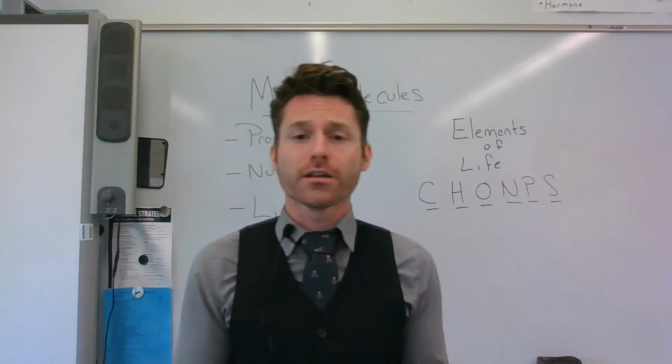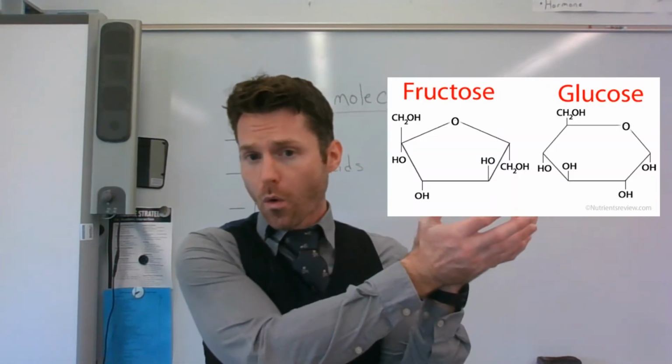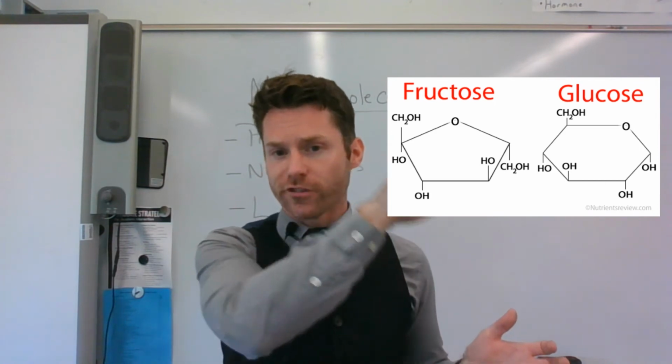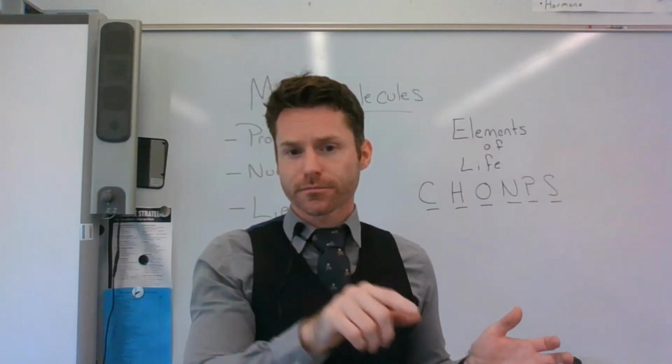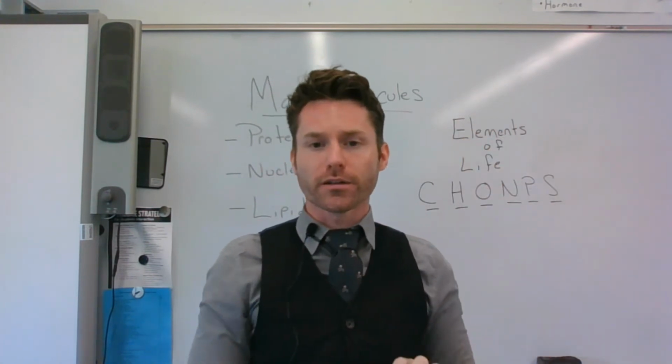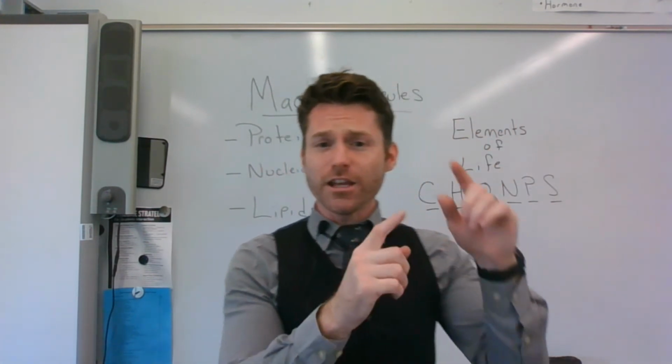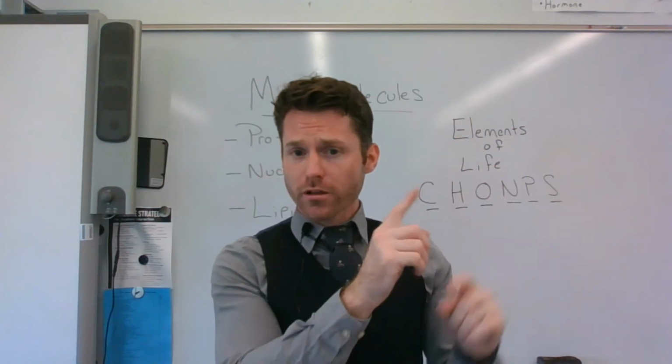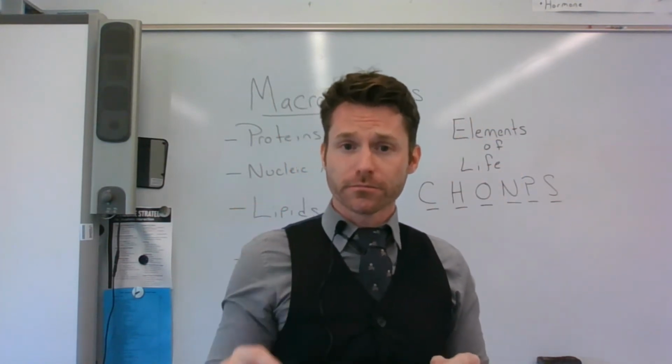So we have things like sugars, and they're typically rings of carbons, okay, with hydrogen offshoots and some oxygens plugged in there. And each of the bonds between the molecules holds a little bit of energy.